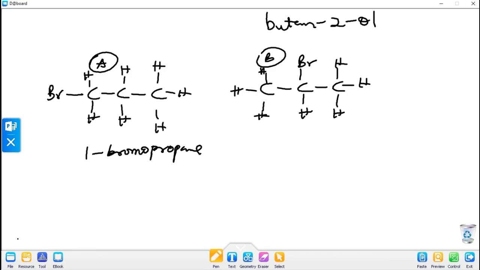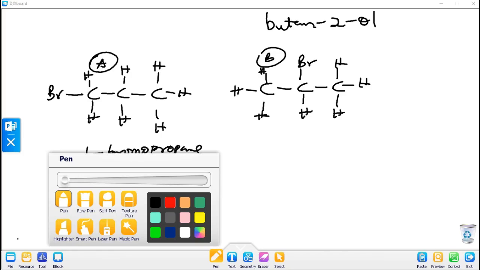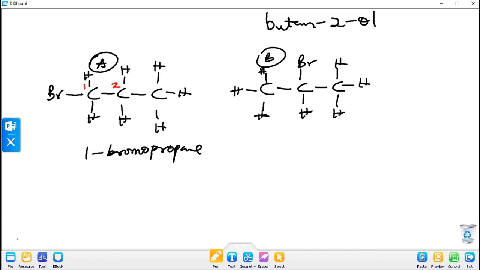Why? Because we have to start numbering from the left-hand side where the bromine is attached to the carbon atom. Can we see that? That is 1 bromopropane. So, compound B is 2 bromopropane. Can you see? 2 bromopropane.